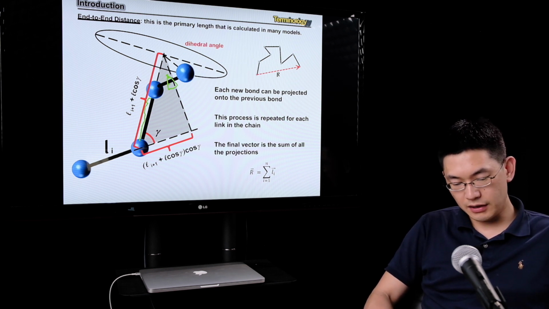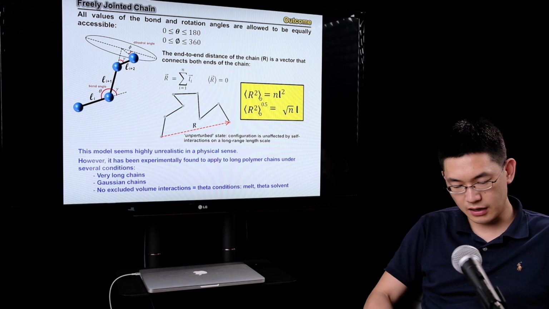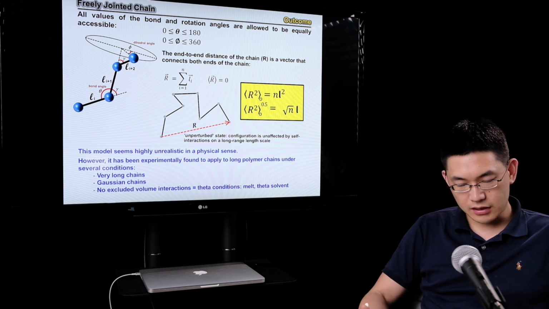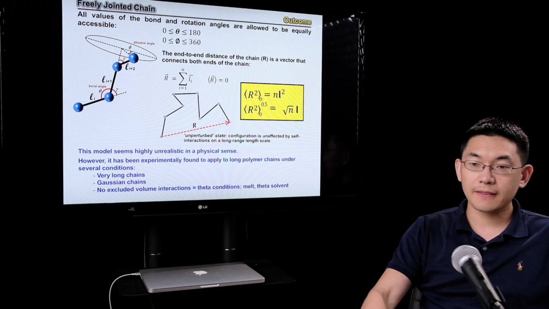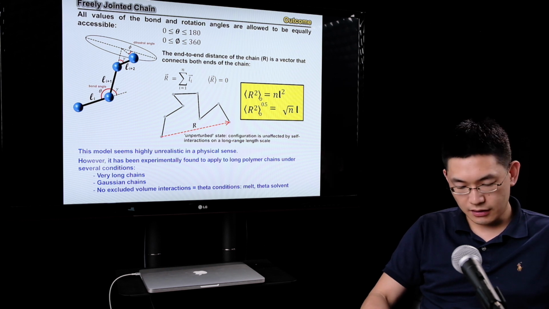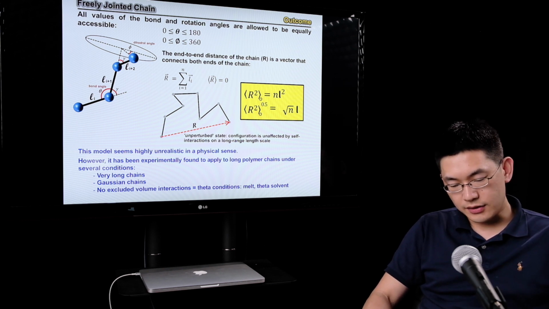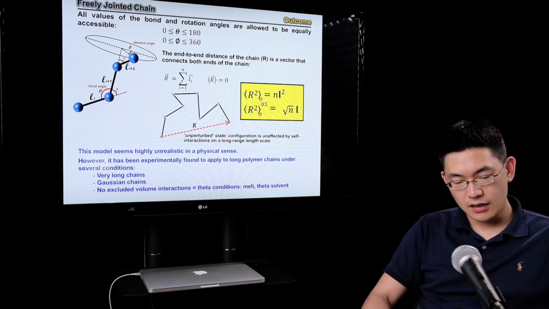This is very important when we compute the free rotation chain model and how much degree of projection we have. We already discussed in the free joint chain, the outcome would be that our chain can adopt theta angle from 0 to 180 through whatever angle it likes to take.